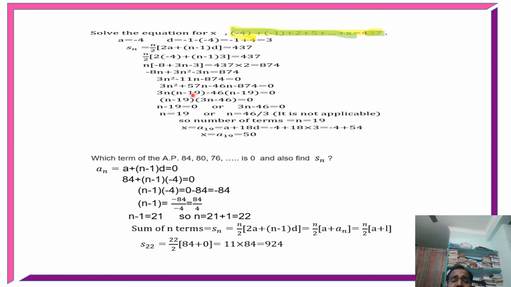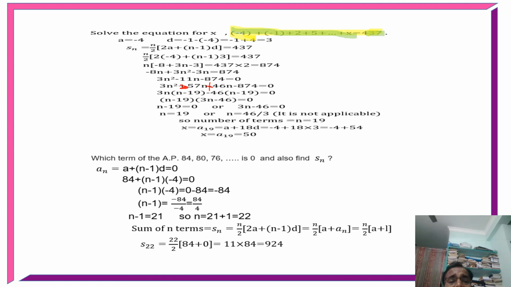If you factorize the first two terms, 3n, we get n minus 19.